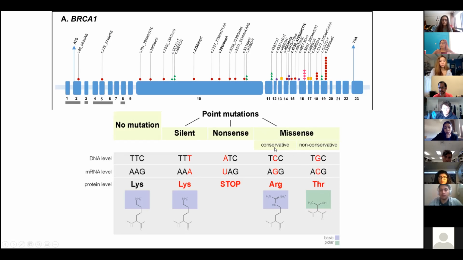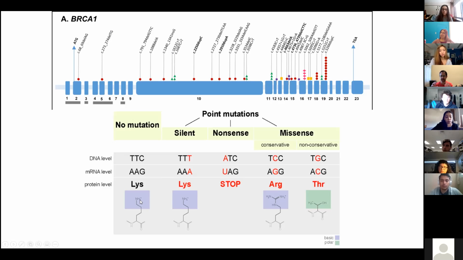And conservative or non-conservative means that, if you see here, this amino acid, the arginine, is a basic amino acid similar to the lysine. So the fact that it changes to another amino acid that has similar chemical properties to the original one means that it may not change a lot, at least the intramolecular interactions between amino acids in the protein.